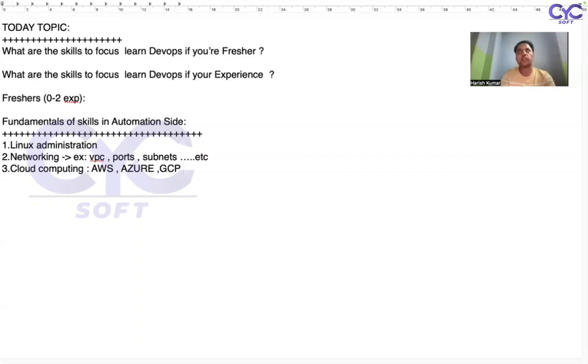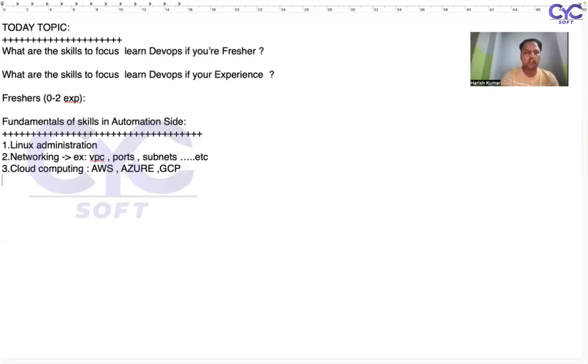Lots of companies use AWS as a major factor, and Azure and GCP also. But most probably we can go with AWS only, because AWS is a good practice level for students and it is very easy to understand, if you're working with different collaboration and integration tools.